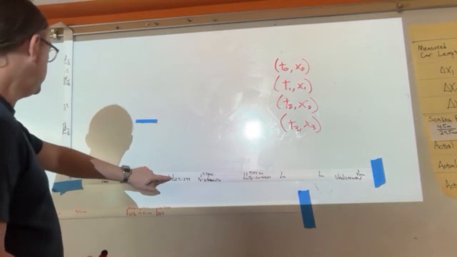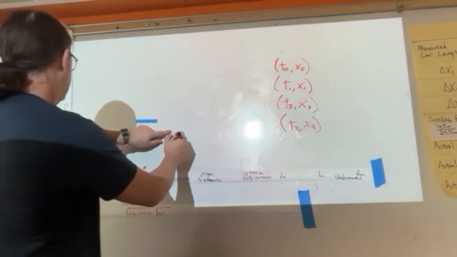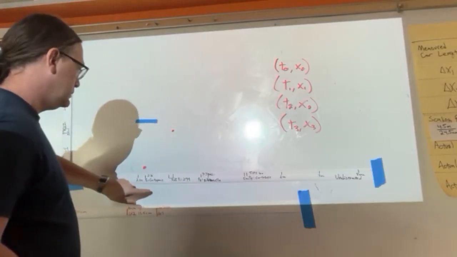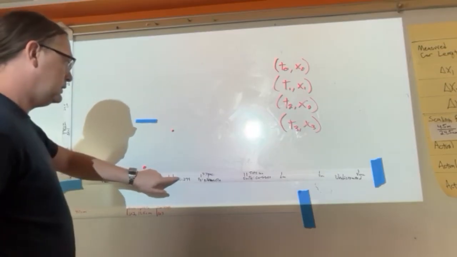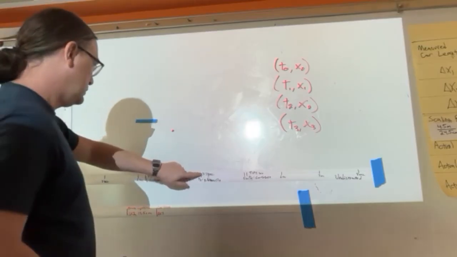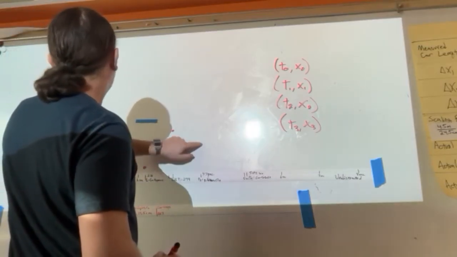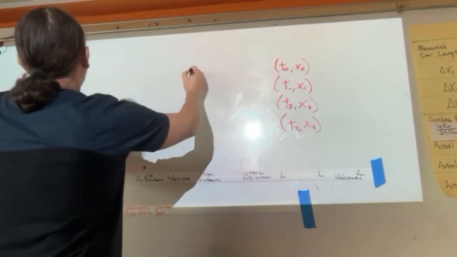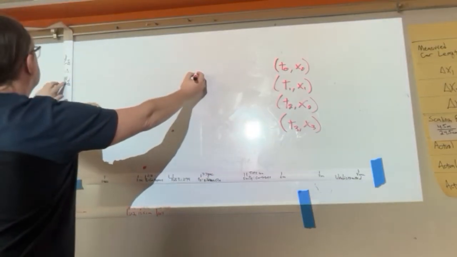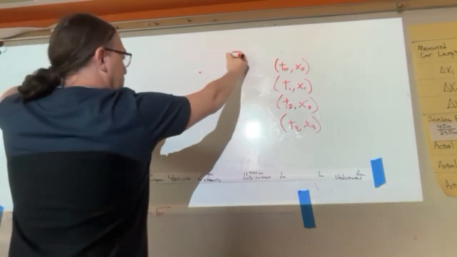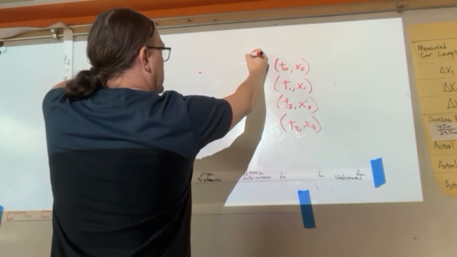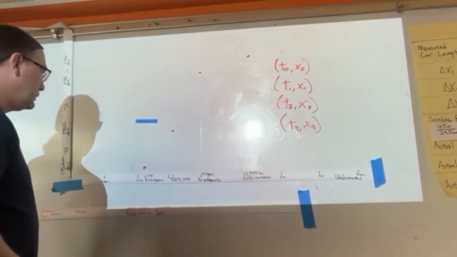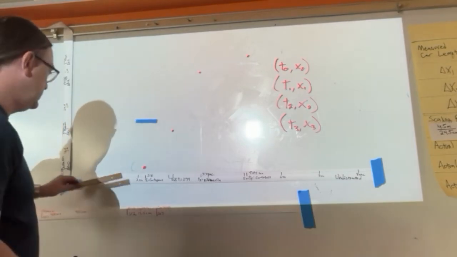T1 is right here. My next point would be right here. T2 would be right here where the brakes come on. And that's T2 on my y-axis. And T3 is where the car stops. Connect these points with a line.